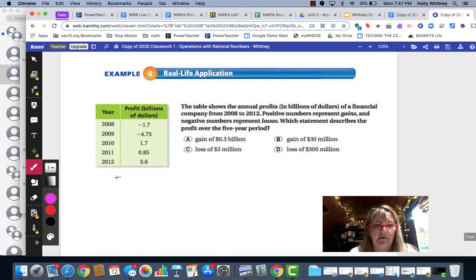what was the profit. So negative 1 7/10 plus negative 4 75/100 plus 1 7/10 plus 85/100 plus 3 6/10.